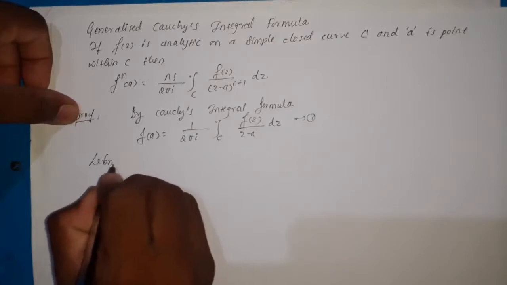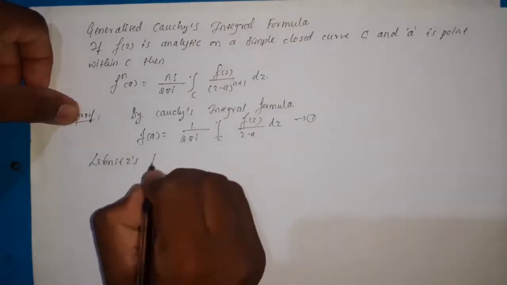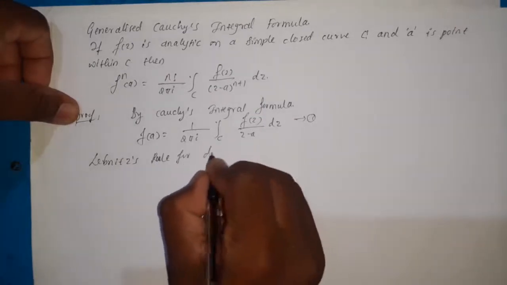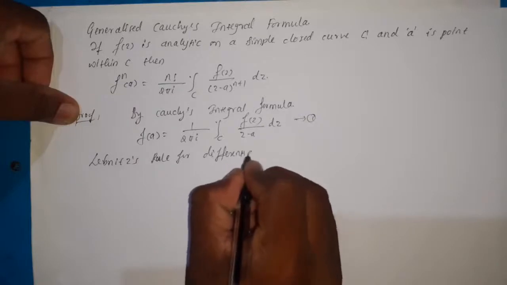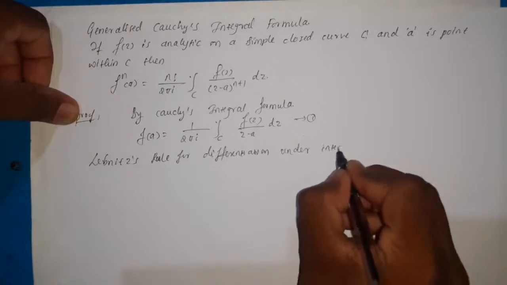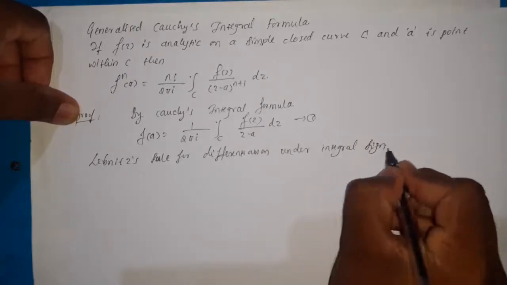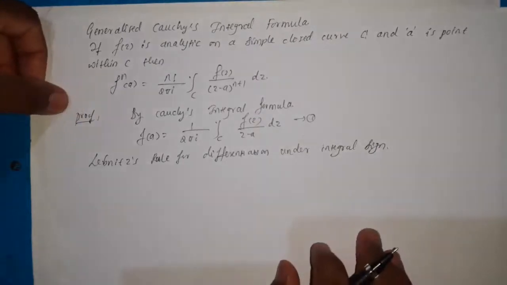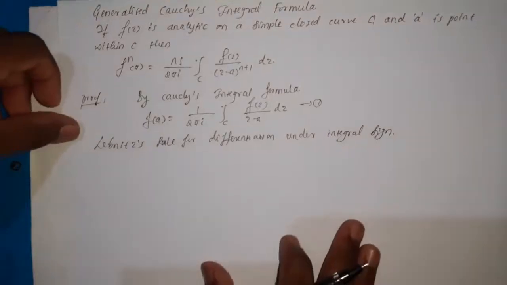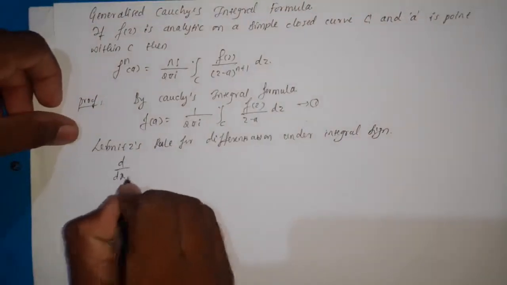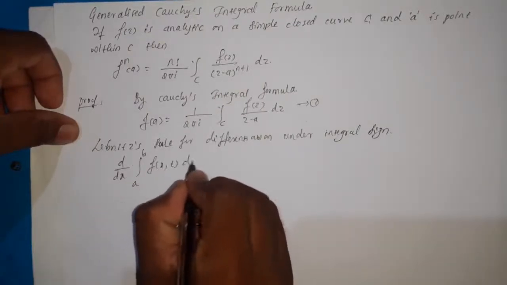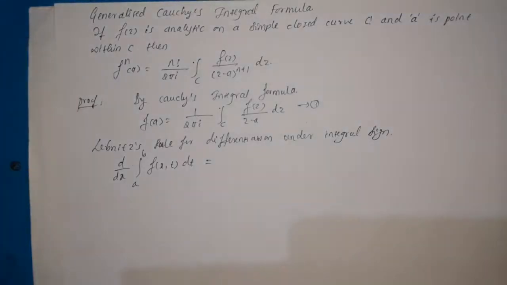Now we know Leibniz rule for differentiation under integral sign, that we have studied in the 5th semester. So here d by dx of integration over a to b f of x comma t into dt.